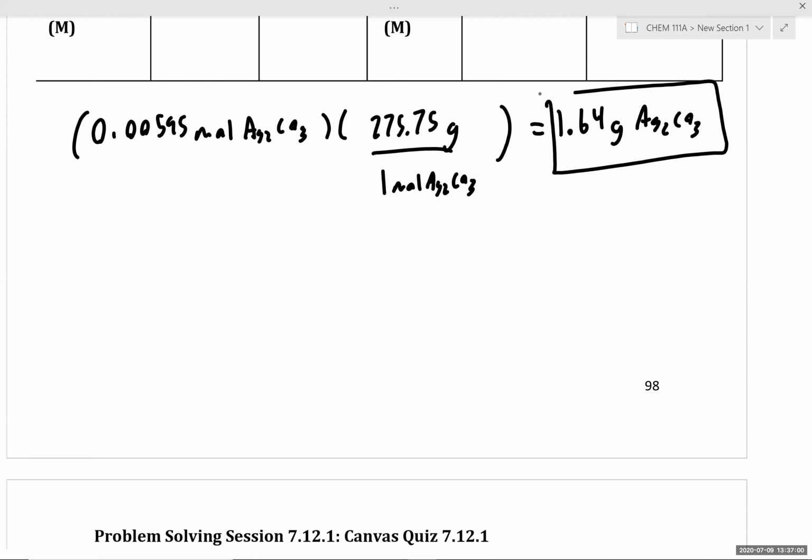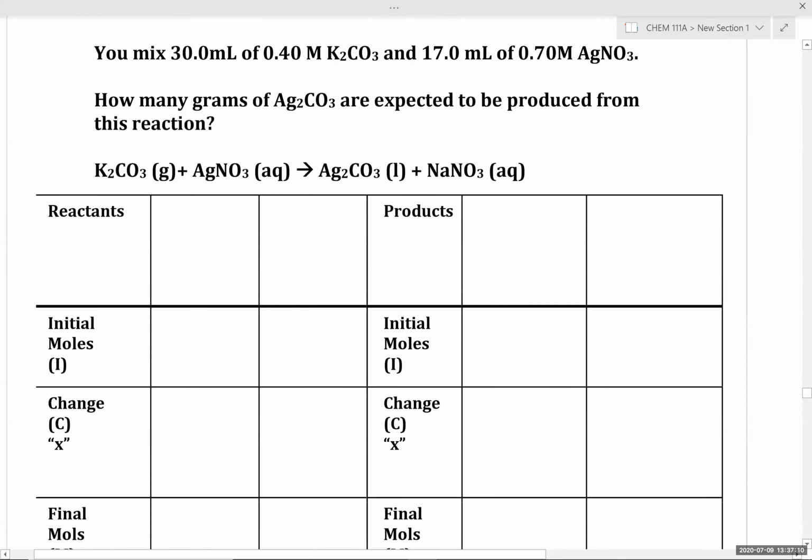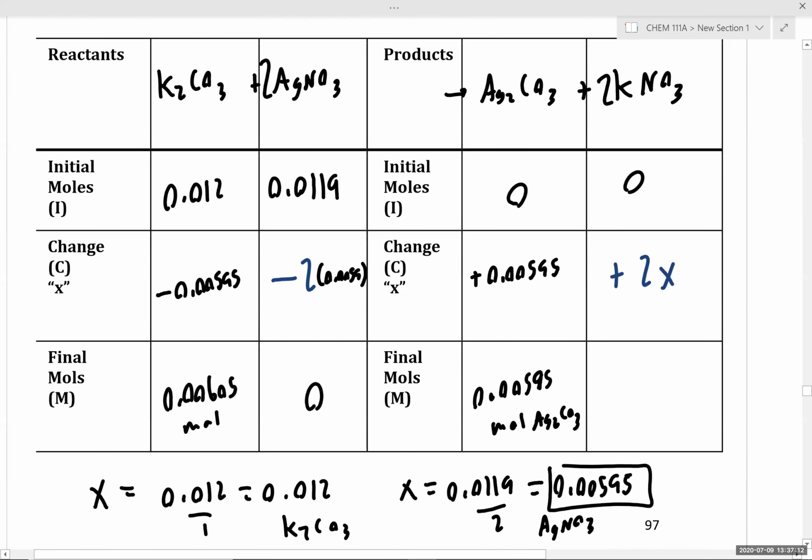Any questions on these examples? Hey, Professor, if we want to find the final moles for potassium carbonate through dimensional analysis, we would just figure out the moles for silver nitrate and then subtract that from the final moles of potassium carbonate?